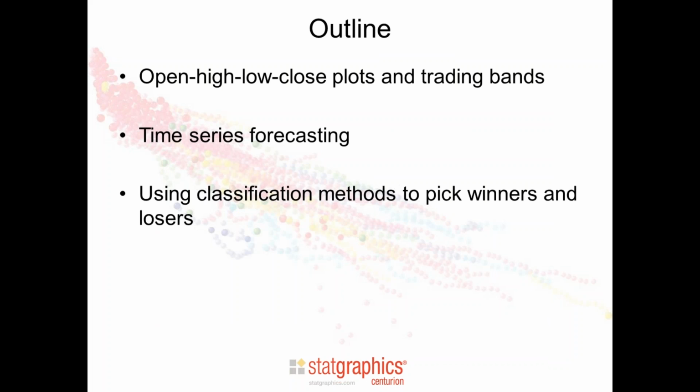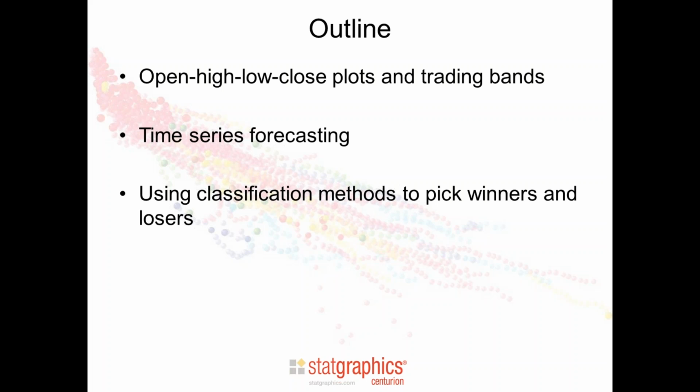I'm going to start by fetching the most recent information about Apple and create an open-high-low-close plot. And we'll put some trading bands on that particular plot and see if, in fact, there are any interesting signals that we can see just looking at the data about what's likely to happen in the short term.